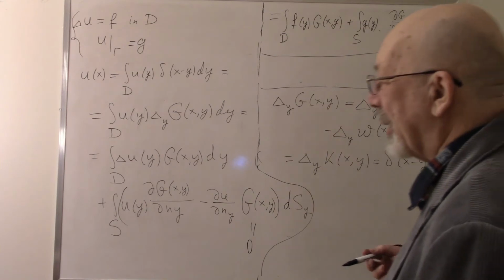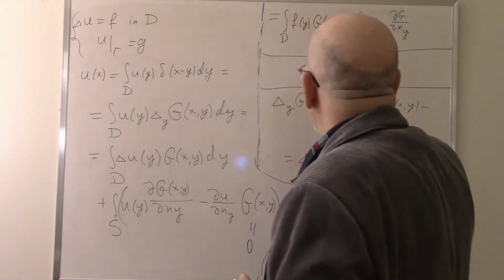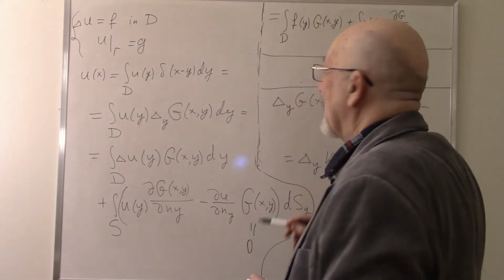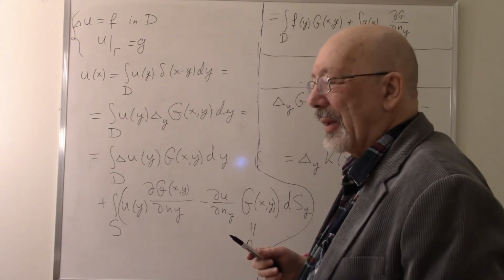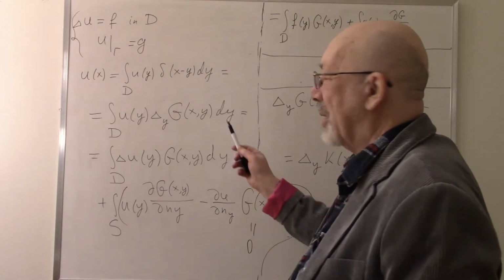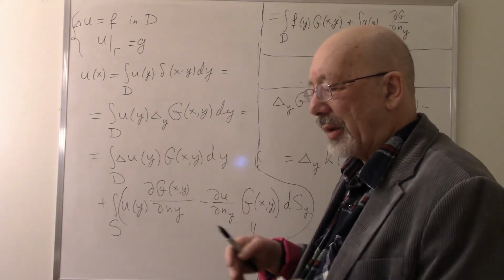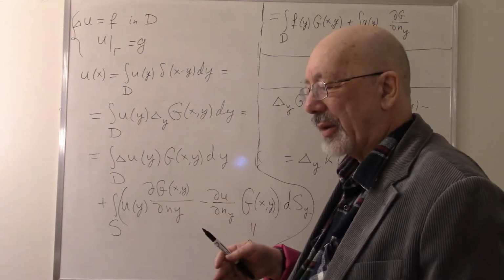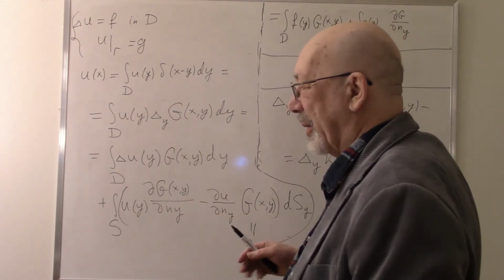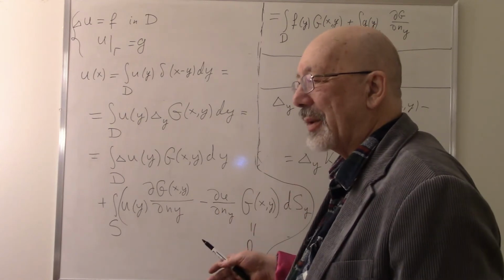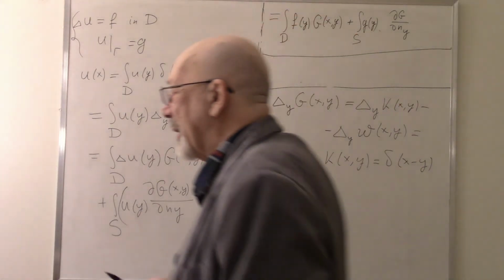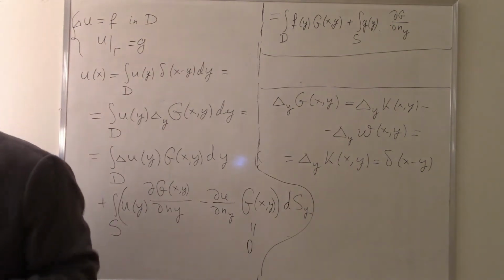That is one thing. And the other thing is how can you construct this Green's function? Or equivalently this corrector W, corrector function, to make Green's function from the fundamental solution. It is more or less an equivalent thing.